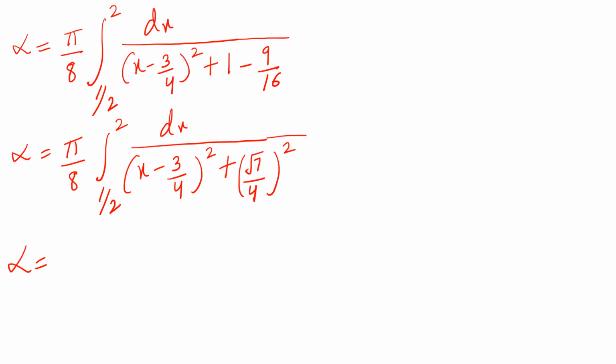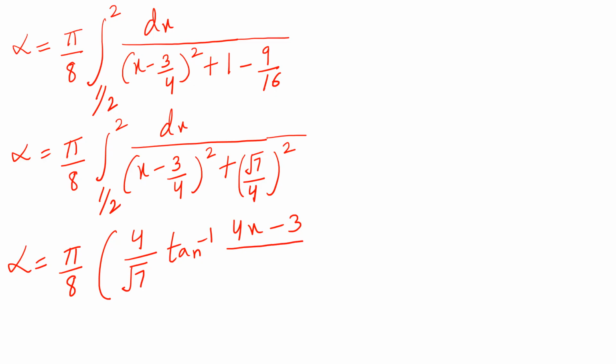Now students, we can easily find the value of alpha by using the appropriate formula. And now alpha is equal to pi upon 8 into, inside the bracket it is going to be 4 upon root 7 into tan inverse of 4x minus 3 whole divided upon root 7. And this value is under the limits 1 upon 2 to 2.